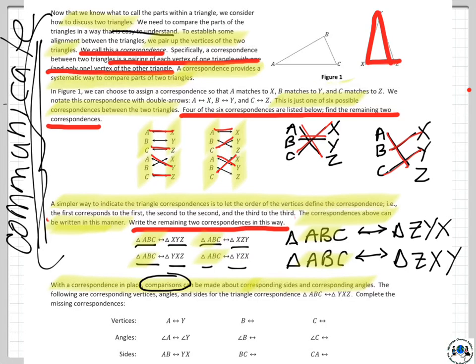The following are corresponding vertices, angles, and sides for the triangle correspondence of triangle ABC corresponding to triangle YXZ. So complete the missing correspondences.